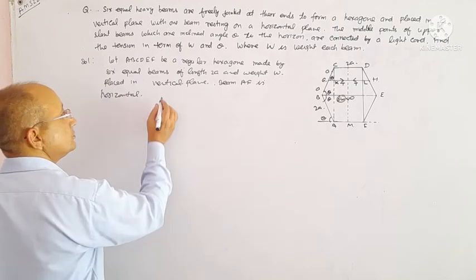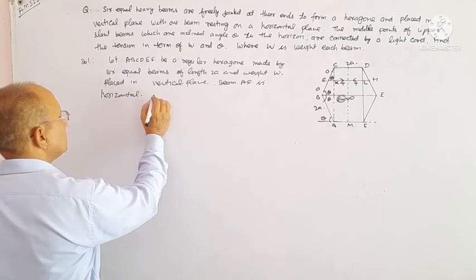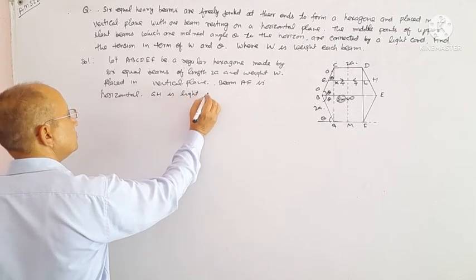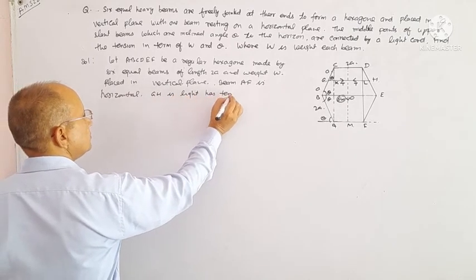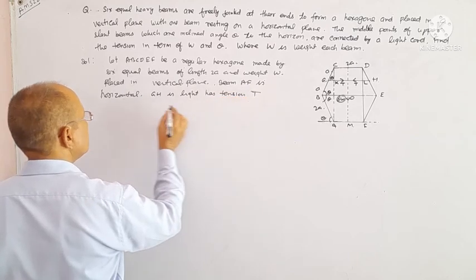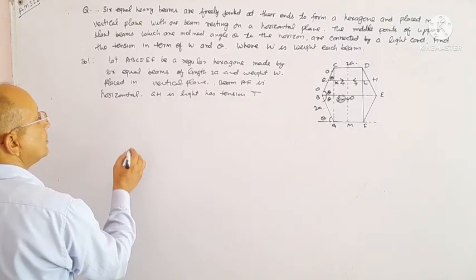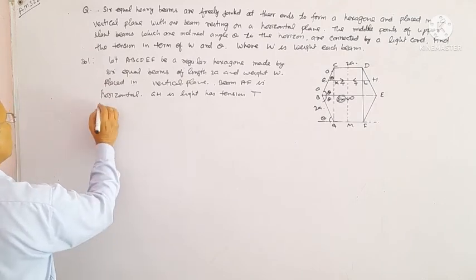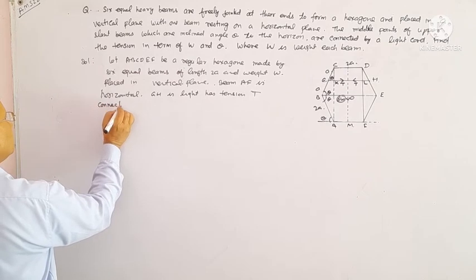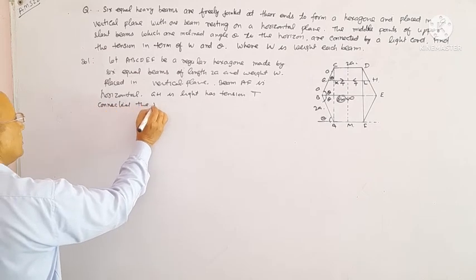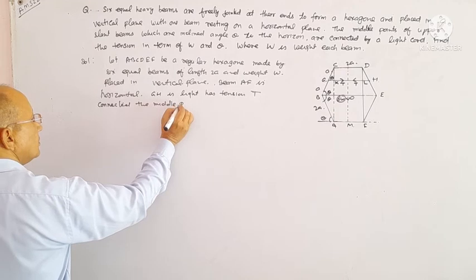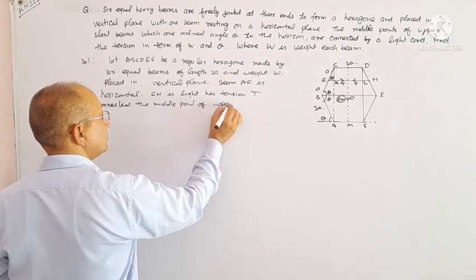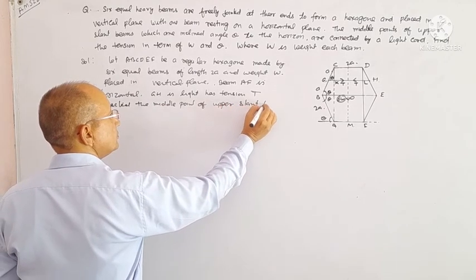GH is a light cord, has tension T, connected to the middle points of the upper slant beams.